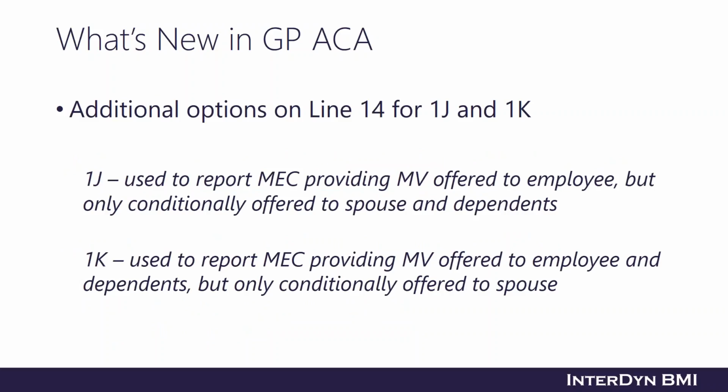There are some new codes for the 1095, the 1J and the 1K, and really both of them have to do with the minimum essential coverage that is providing the minimum value, not so much for the employee, but the dependents, and whether it's conditional to the spouse or conditional to the spouse and the dependents.